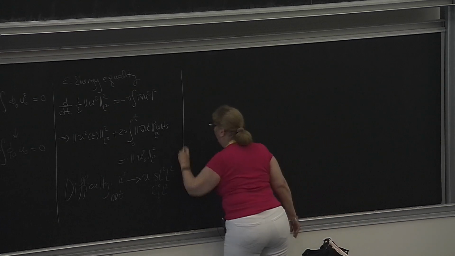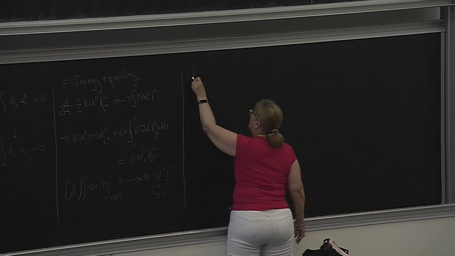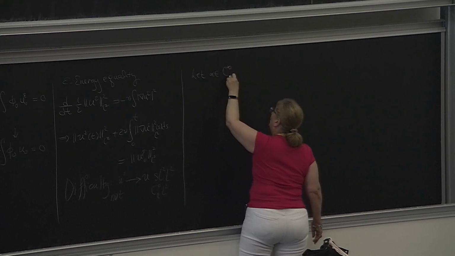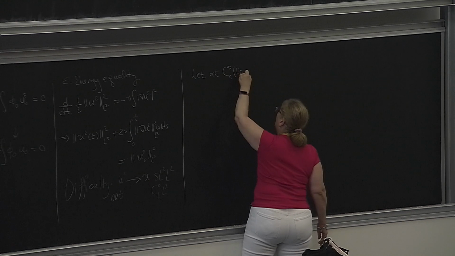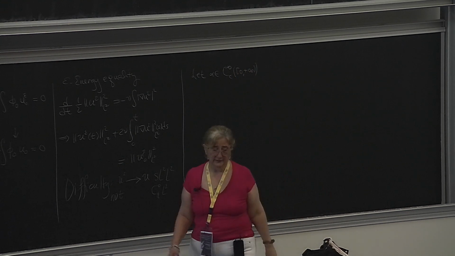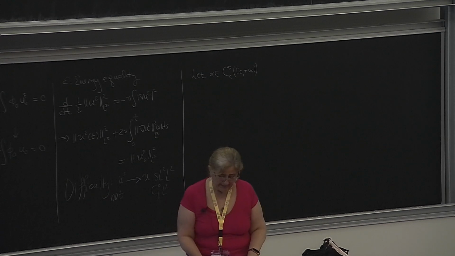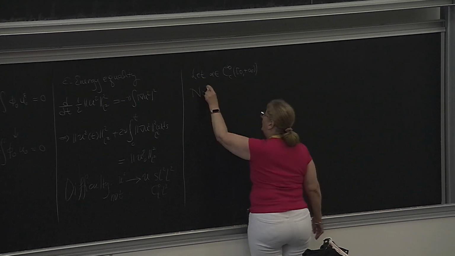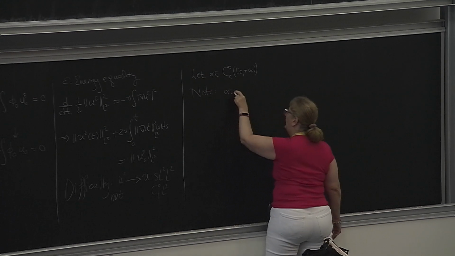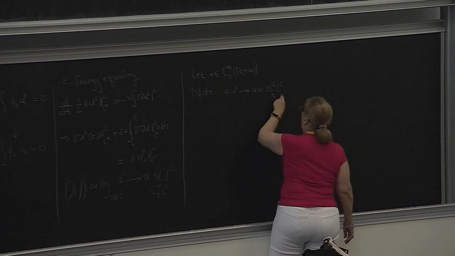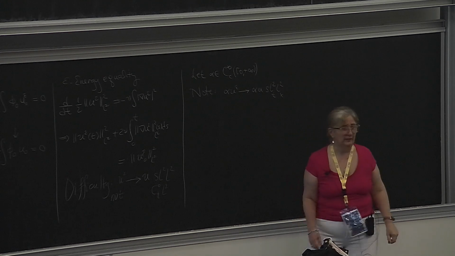I'm going to take a test function alpha, which is a test function in one real variable, C infinity with compact support in time. I notice that, of course, alpha u epsilon will converge to alpha u also, strongly in L2. This is very easy to show.